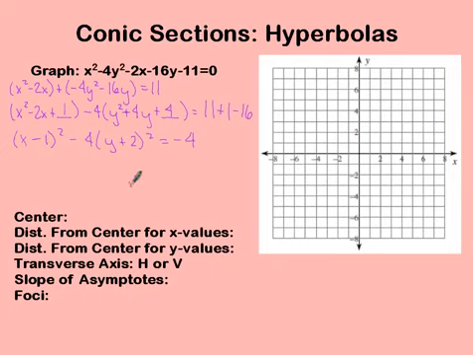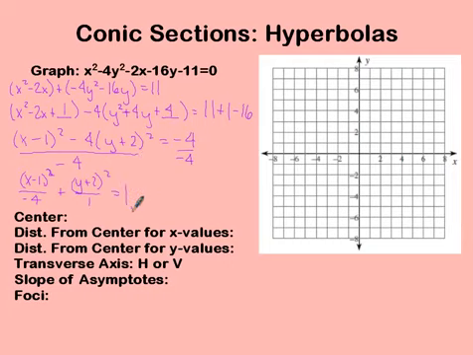The only problem now is when we graph hyperbolas, we always want it set equal to a positive 1. So we have to divide everything by a negative 4 to turn this into a positive 1. And when we do that, we get x minus 1 squared divided by negative 4, and these reduce to a positive 1, so I'm at plus y plus 2 squared, that's over 1, equals 1.